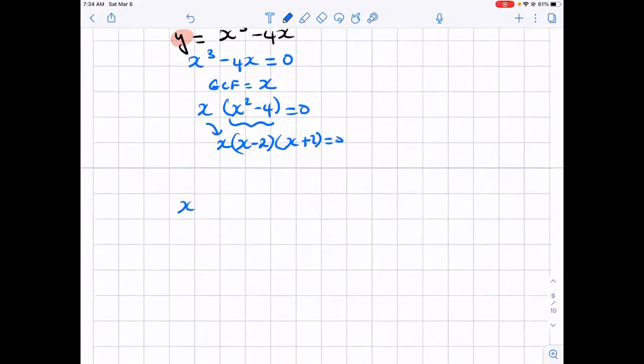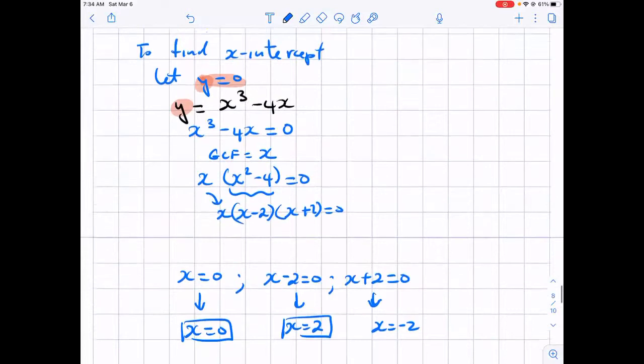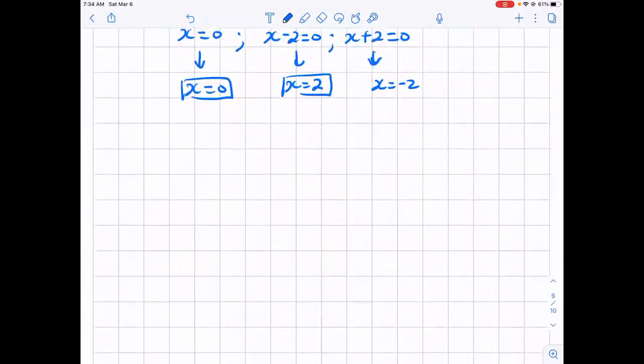So now we have x is equal to 0. We have x minus 2 is equal to 0. And we have x plus 2 is equal to 0. So this tells me x is equal to 0. This tells me x is equal to 2. This tells me x is equal to minus 2. So remember, intercepts are points, okay?